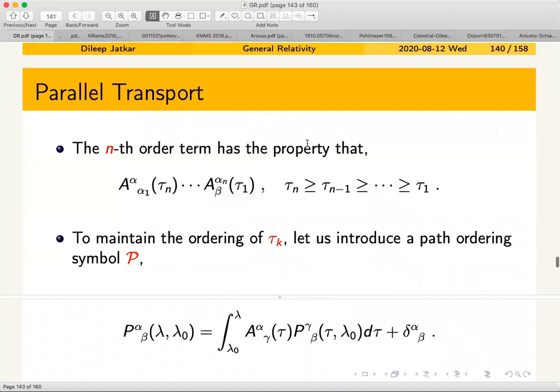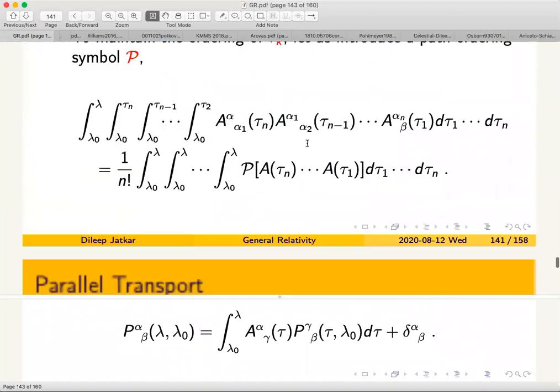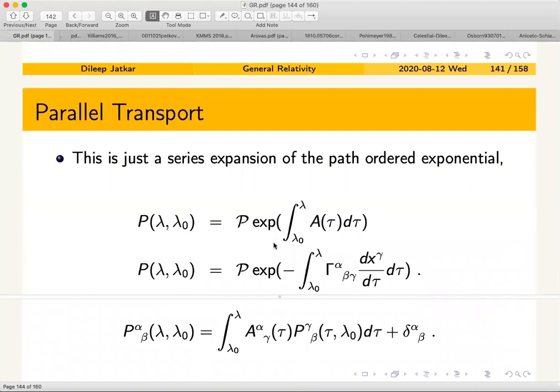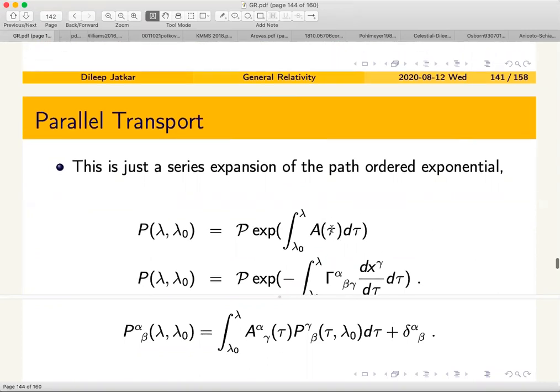So that's almost like an exponential function, or in fact, it is an exponential function, but path ordered. So what you need to show or see after doing that manipulation is that P(lambda, lambda naught) is actually the path ordering of an exponential of the integral from lambda naught to lambda of A of tau d tau. That is the expression.